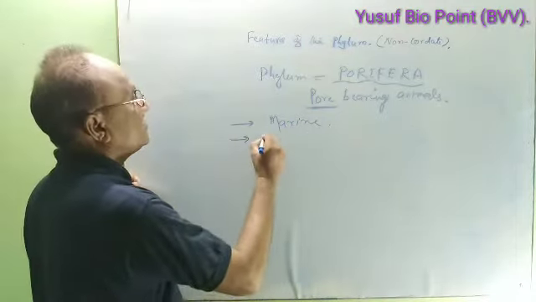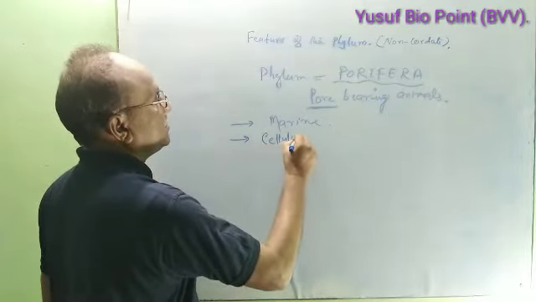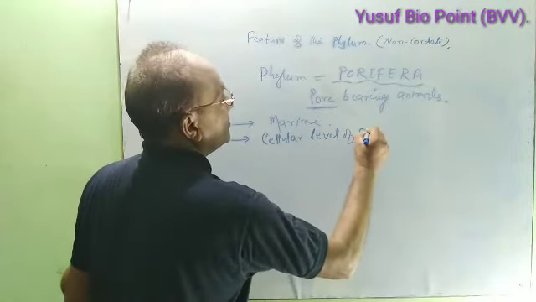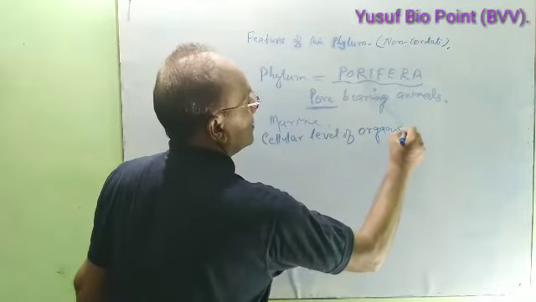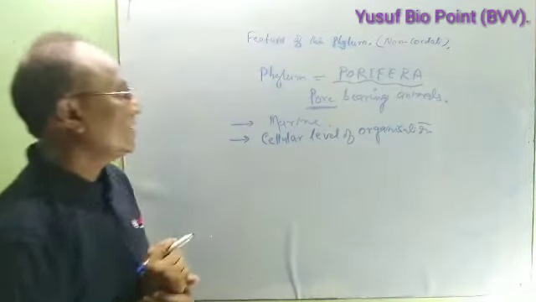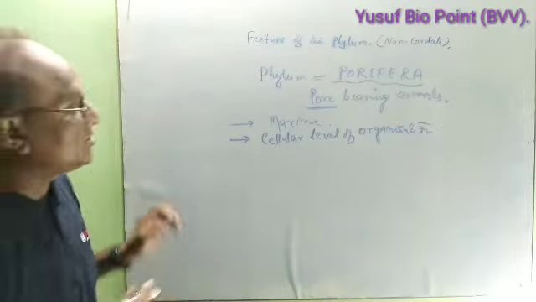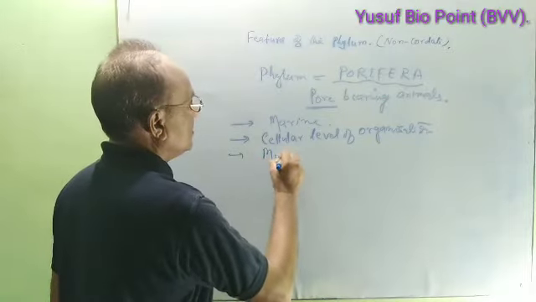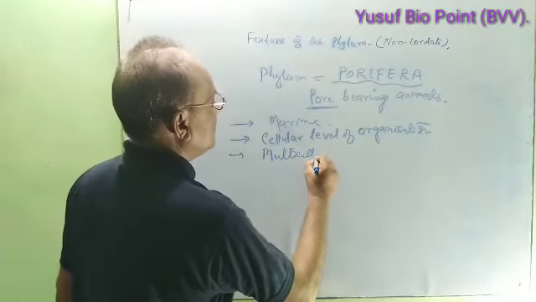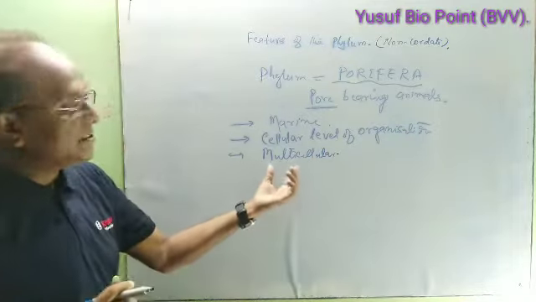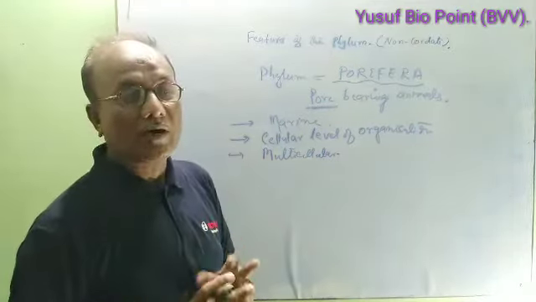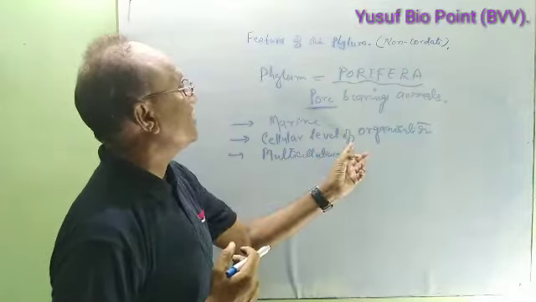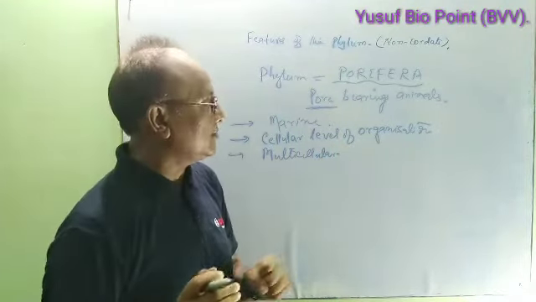Next, cellular level of organization. The body is multicellular, but the functions of the cells are not dependent on other cells. They work independently. So that's why it is a cellular level of organization and it is multicellular.